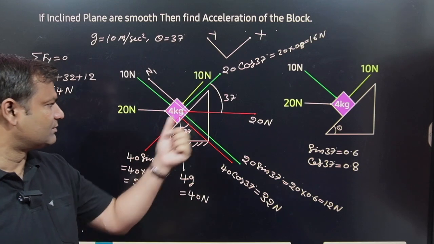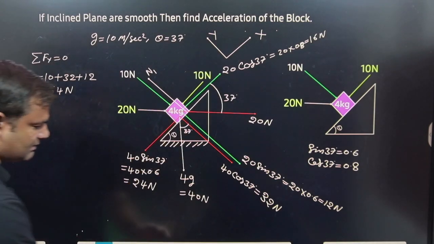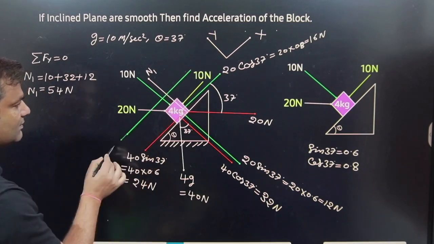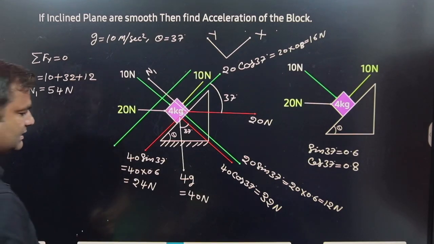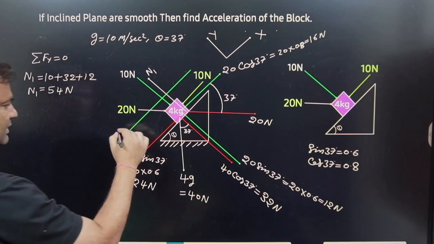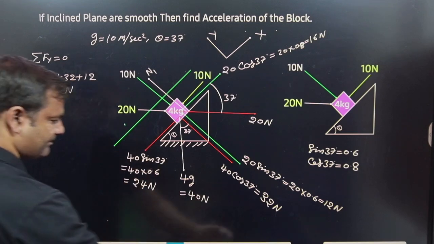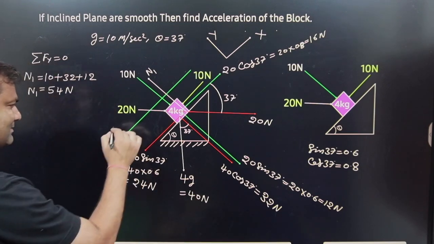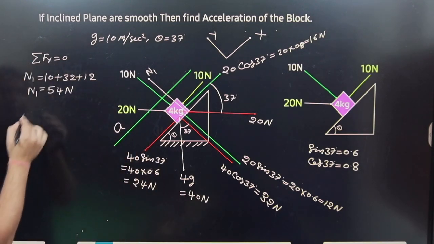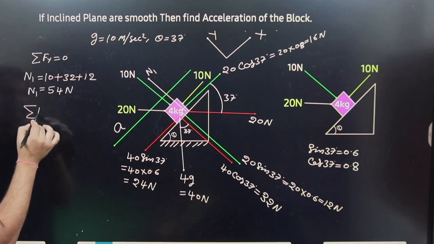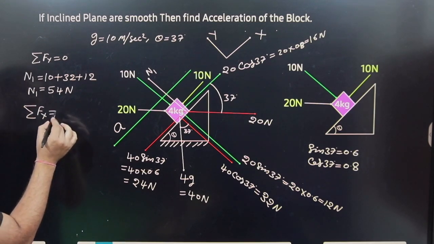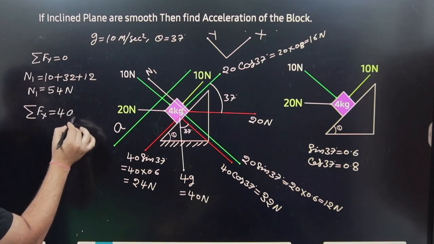You can say that this block is moving along this direction. Net force according to Newton's second law is equal to mass into acceleration, 4 into A.